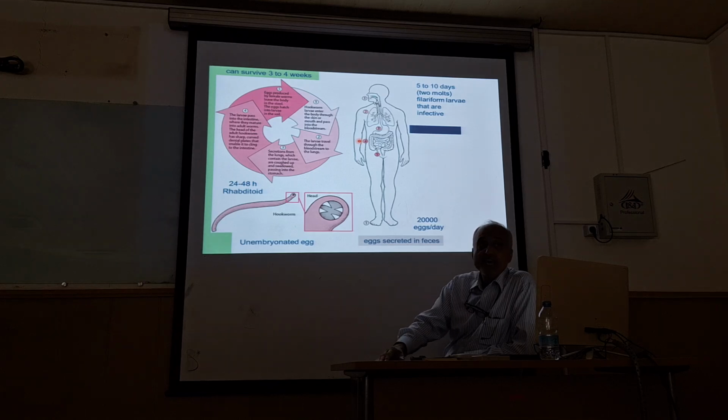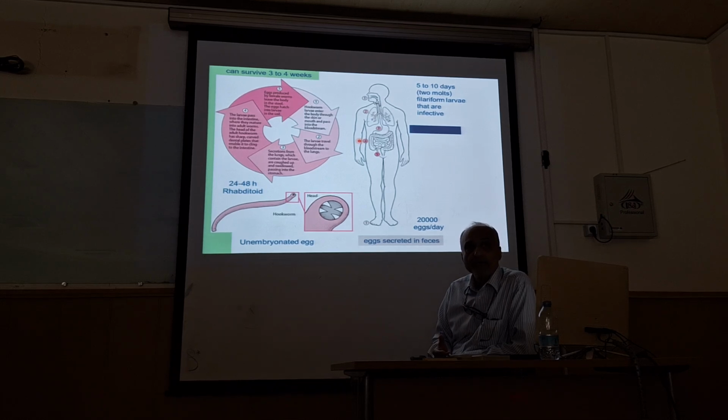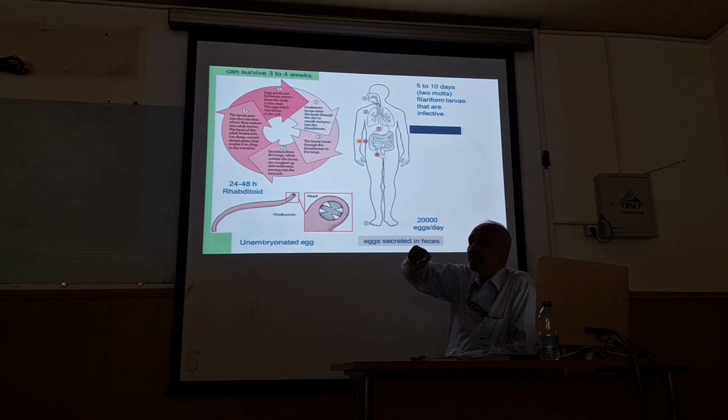In the first step, rhabditoid larvae feed on organic matter in soil, and then when they change to filariform larvae, a sheath covers the larvae and they cannot feed directly from the material in soil.